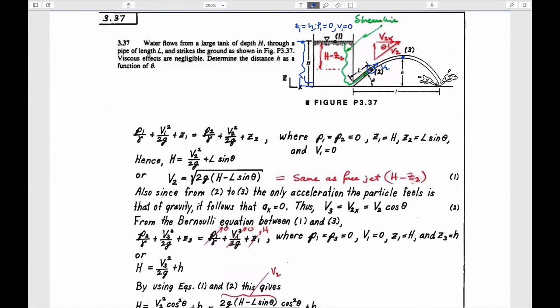At this point here, you know it's atmospheric pressure. You know it has an elevation which is not very easy to calculate, but you know what the elevation is. It's L2 sine theta, but it doesn't matter. So you have this.